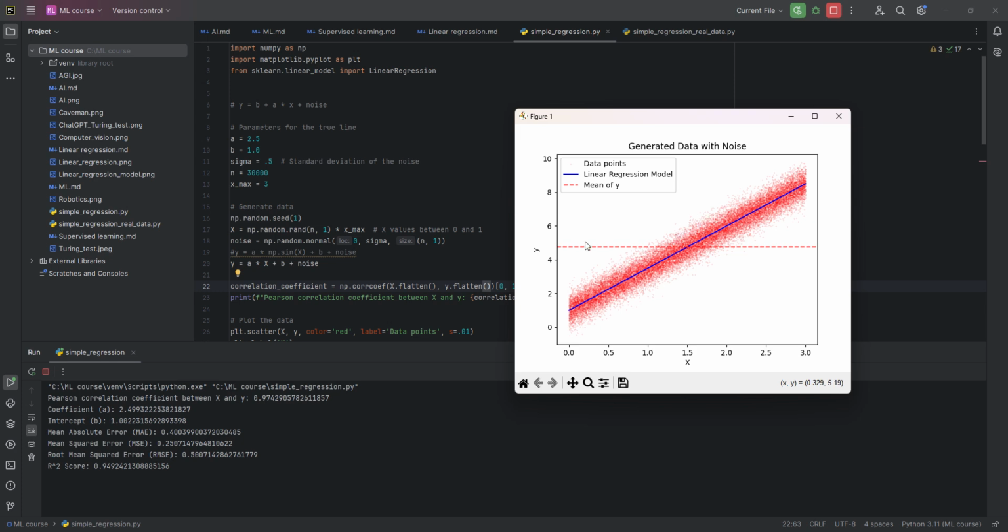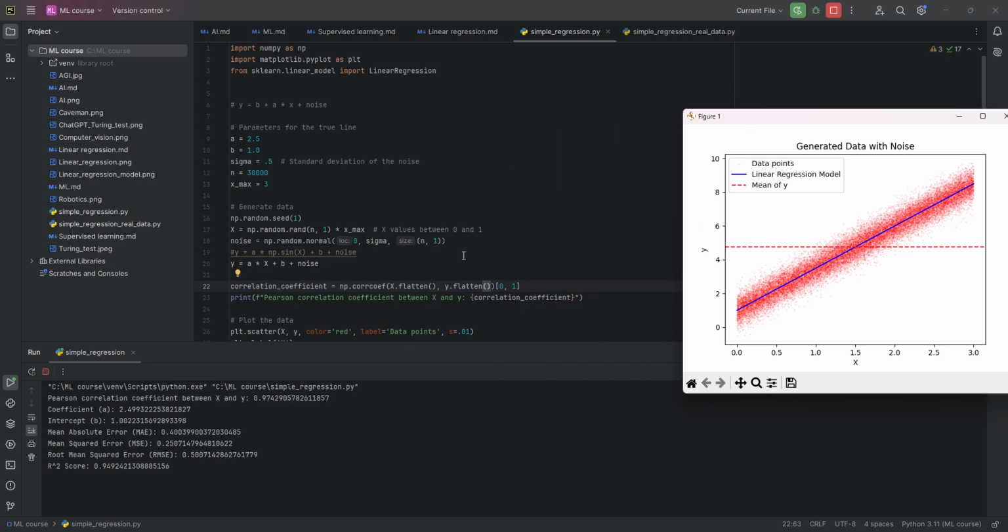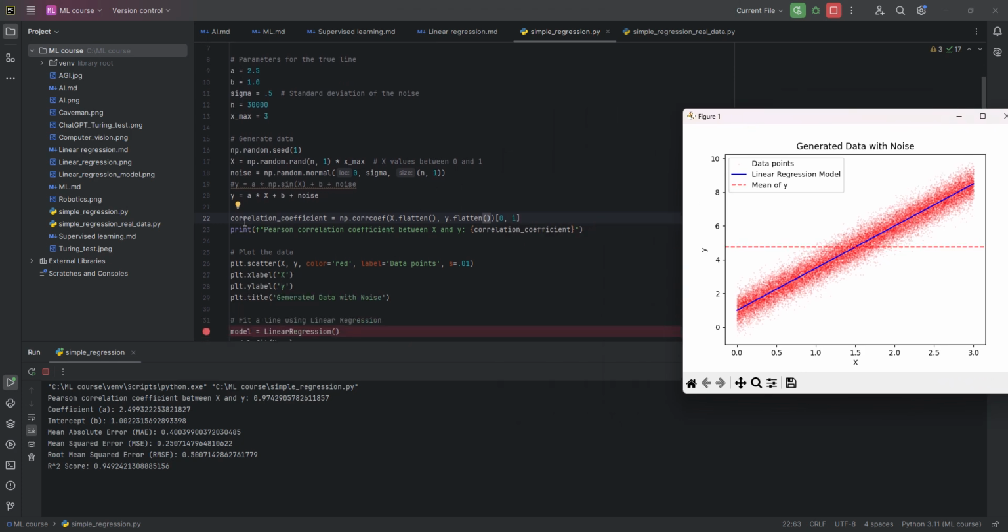And I just added a new line here to calculate the correlation between the x and y, and I'm printing it here, and you can see that the correlation is 0.97, which is showing a very high correlation between x and y because the data is generated in that way. They're highly correlated, and you can see that we have a high R square score too.